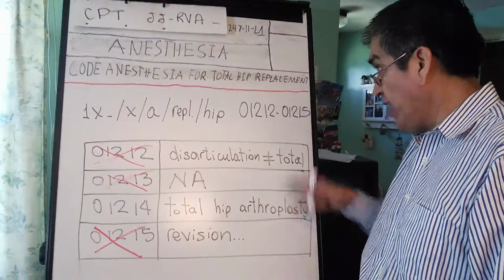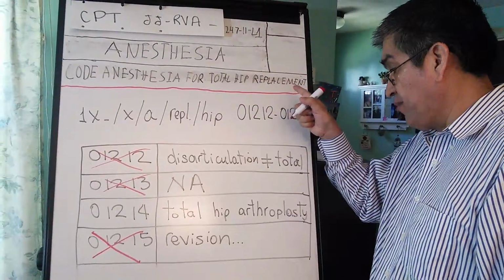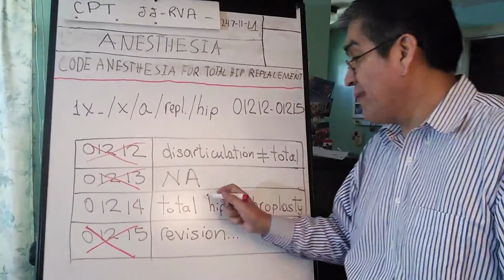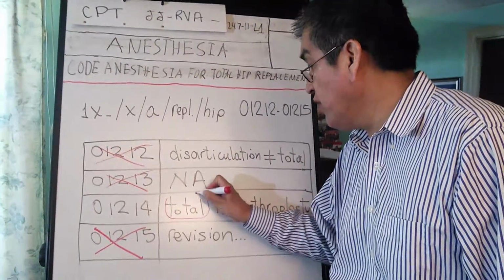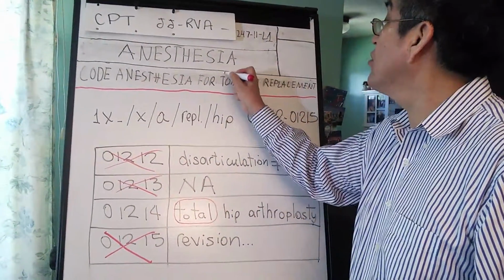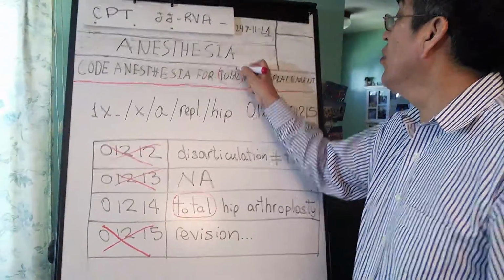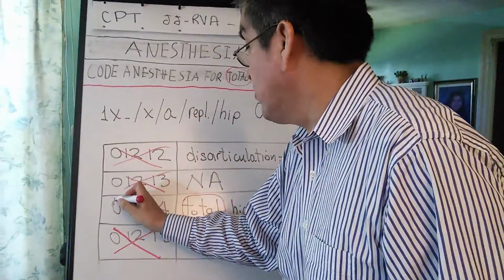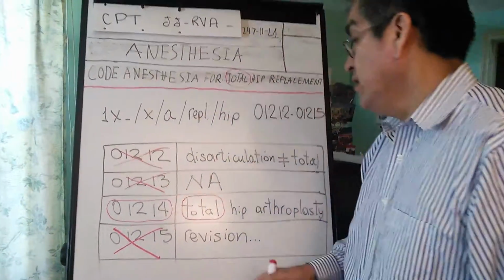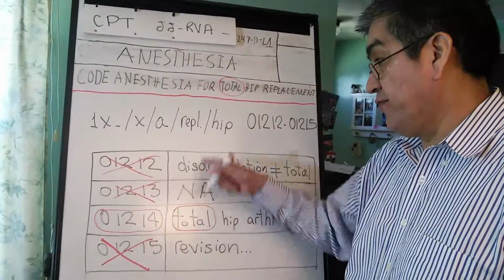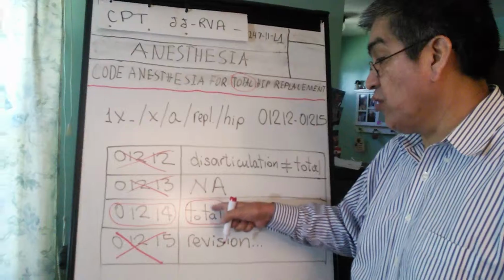So this one is okay. It's still a function of the hip, but the main key here is total. Because of this word, total, and here it also says total, we choose this one. After reviewing our four options, we go with this one.